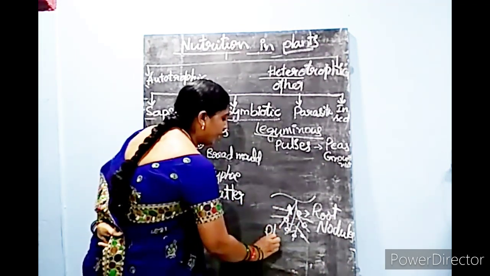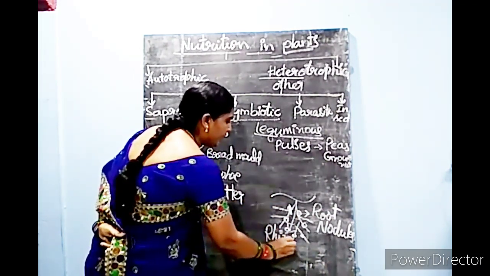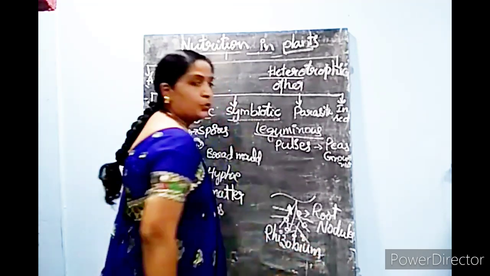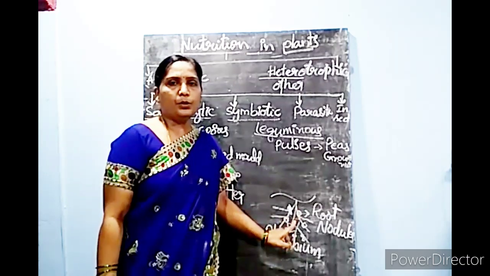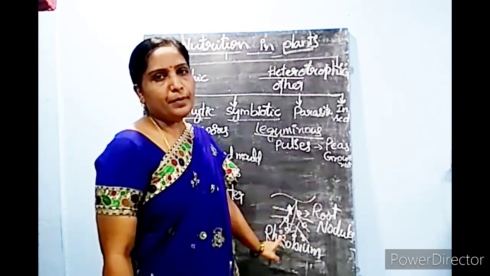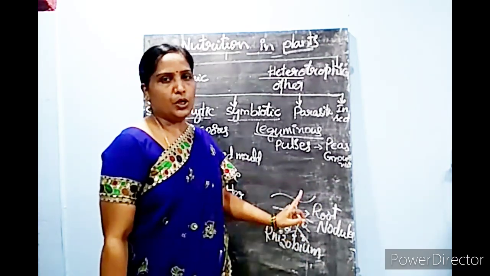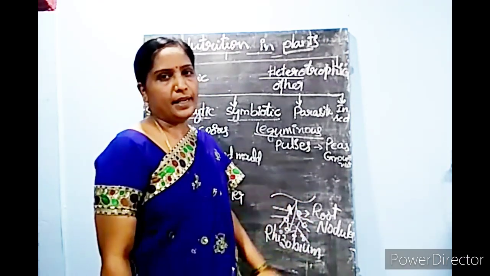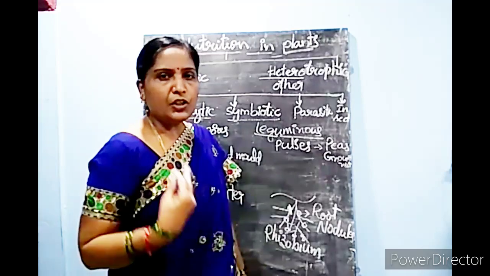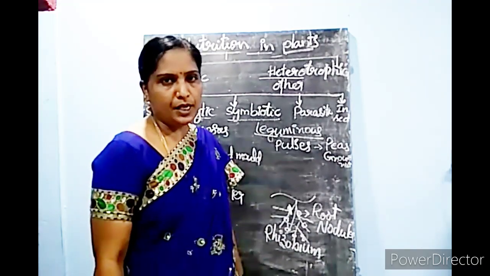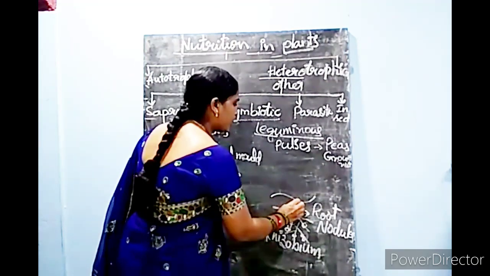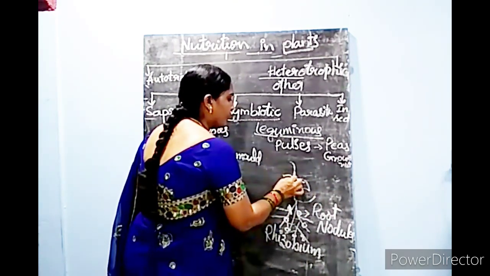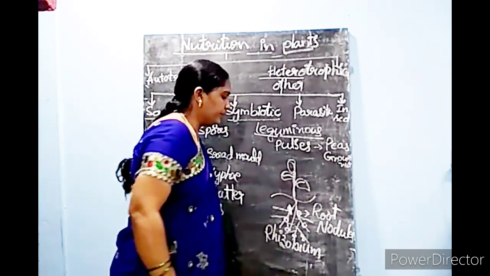That bacteria's name is Rhizobium. Which bacteria is present in the root nodule? Rhizobium bacteria is present in the root nodules of leguminous pulses plants. So what function is this Rhizobium doing for the leguminous crop?